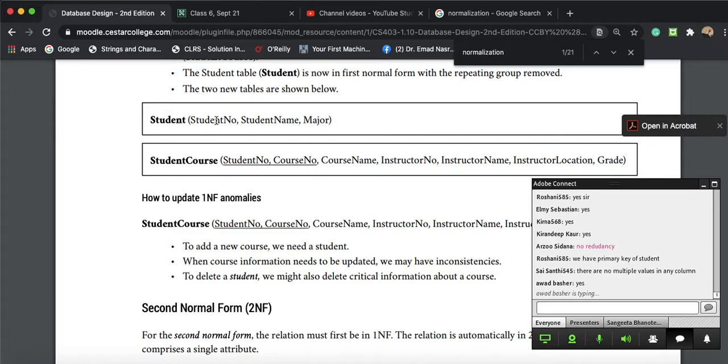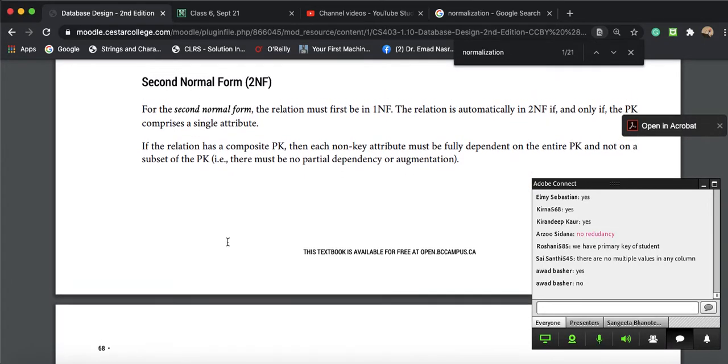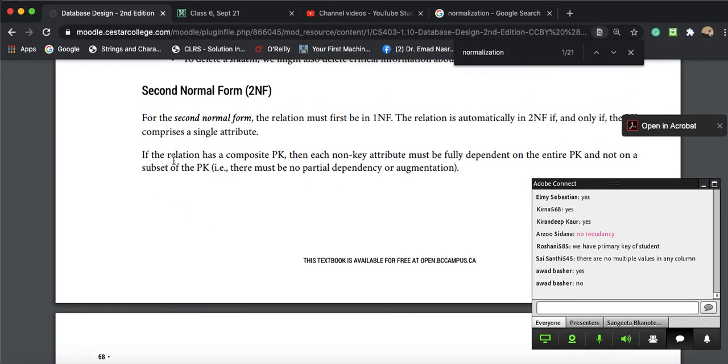No. Maybe, look, maybe the relation has a compound primary key, but is still in the second normal form. So let's understand. If the relation has a composite primary key, then each non-key attribute must be fully dependent on the entire primary key and not on a subset of the primary key.